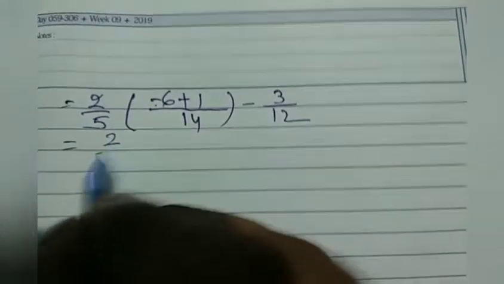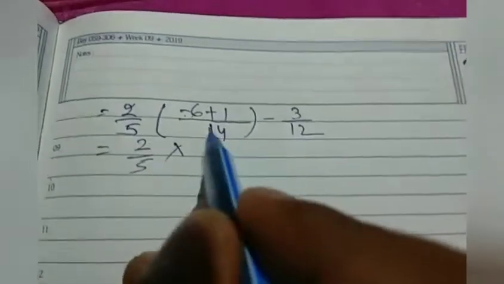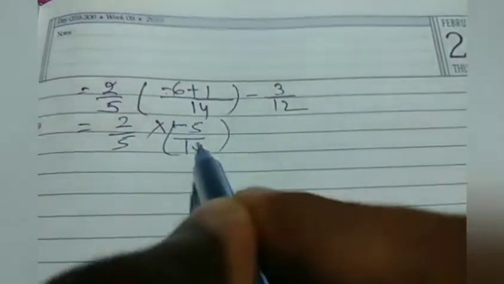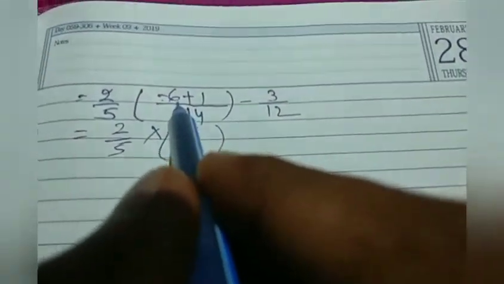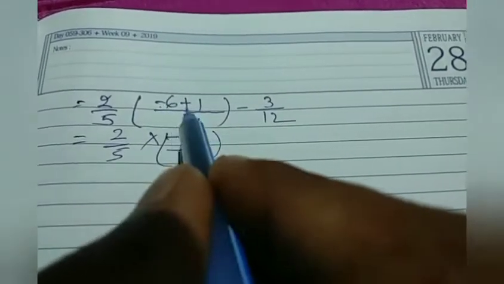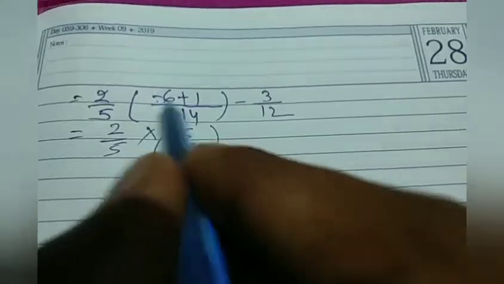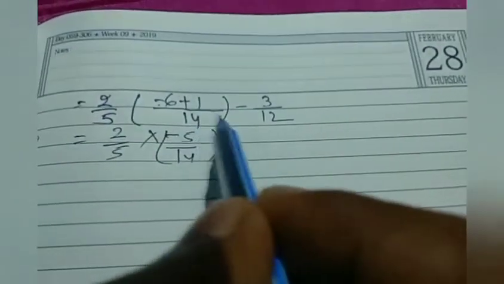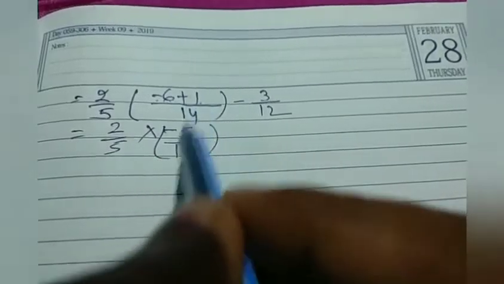Okay, solving this, 2 by 5 into minus 6 plus 1 by 14, that is minus 5 by 14. It becomes minus 5. Why? I have already said that when two numbers have different signs, minus and plus, we have to subtract the smaller number from the larger number. 6 minus 1, that is 5.